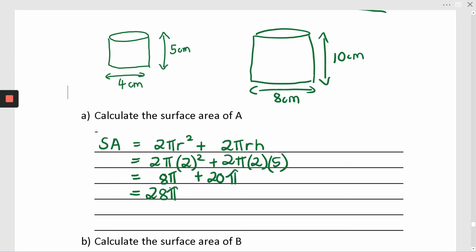And normally I would say to you, if we were not testing ratio, which if you've looked at what's coming next, it's going to be that, then I would say go and work it out and get it into decimal. Okay, my unit is centimeters squared, but I'm going to make a comment here, and I want you to leave the pi, okay, because we are going to put it into a ratio.